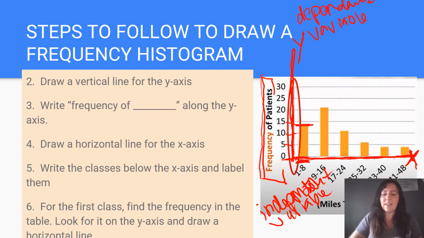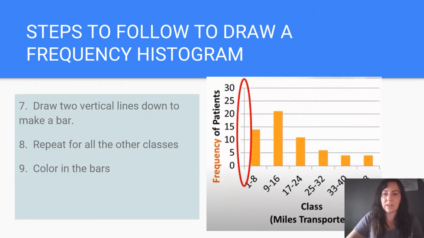All right, then moving to the next slide. Here we are. We drew that horizontal line in the 1 through 8 class. Now the next step is to draw 2 vertical lines all the way down so that you make a bar. I'm sorry, my lines aren't very straight, but you get the idea. Then repeat it for all the other classes.